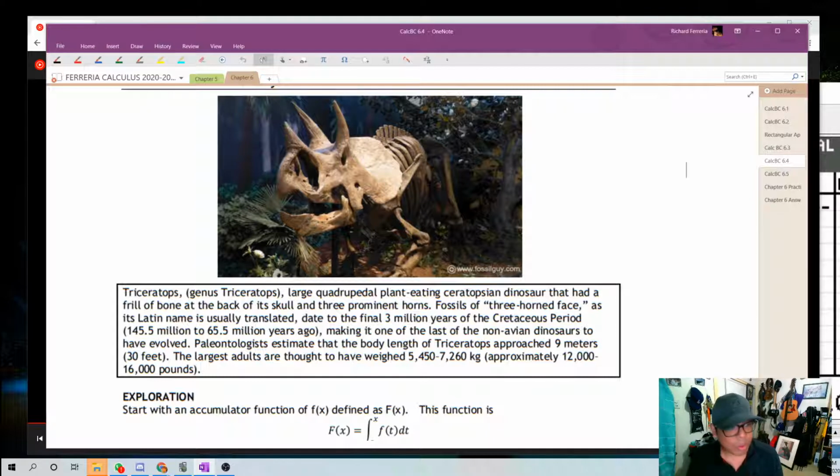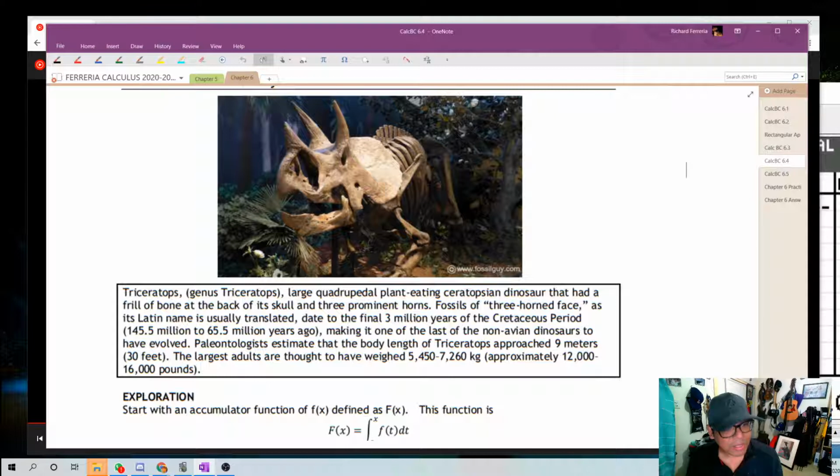Fossils of the three-horned face, as its Latin name is usually translated, date back to the final 3 million years of the Cretaceous period, 145 to 65 million years ago. So, we're talking about 62 million years ago to 65 million years ago for the Triceratops, making this one of the last non-avian dinosaurs to have evolved.